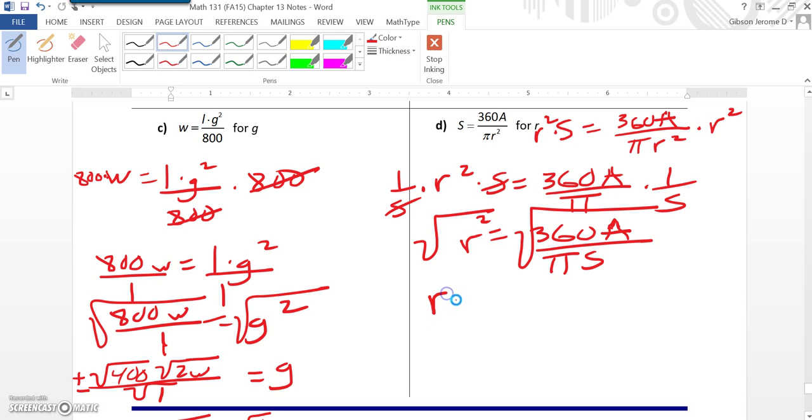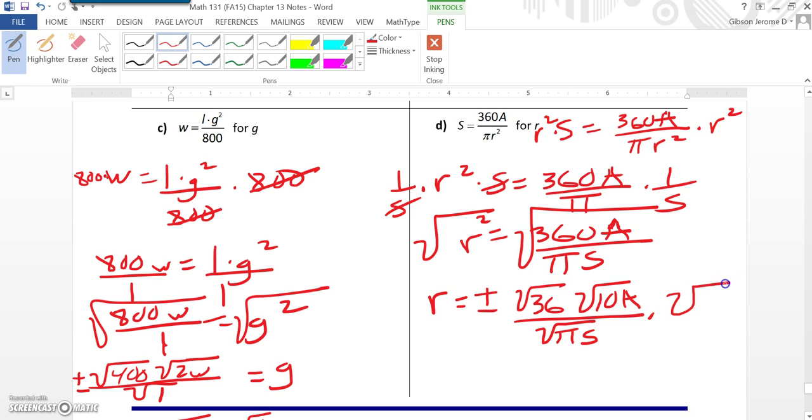So now we will have R is equal to plus or minus. Now we know we're taking the square root of the numerator and denominator. The highest perfect square in 360 is 36. Then we will have 10 times A here, all over the square root of pi S. And we know we have to multiply the numerator and denominator by the square root of pi S because we cannot have the square root in our denominator.